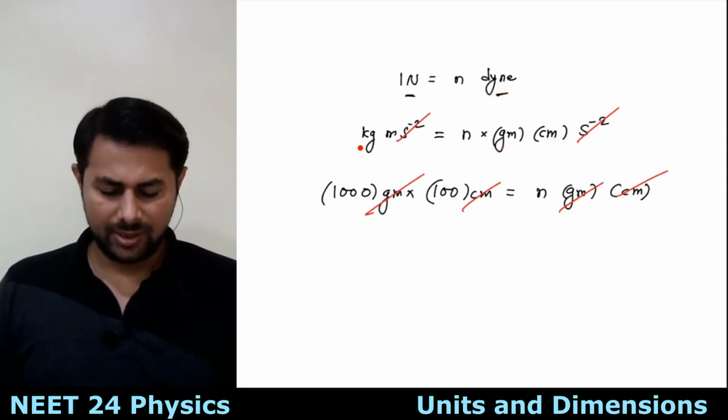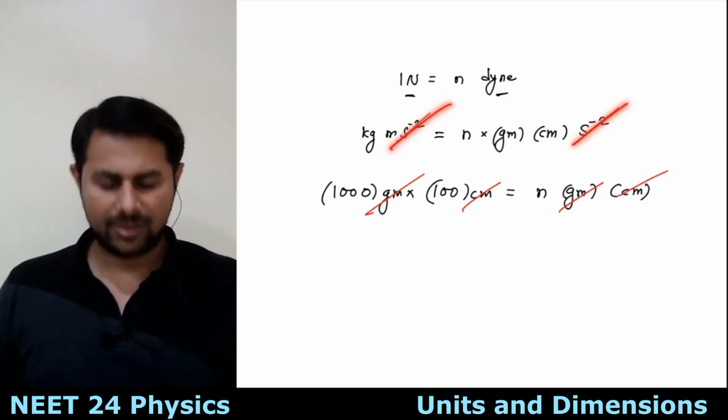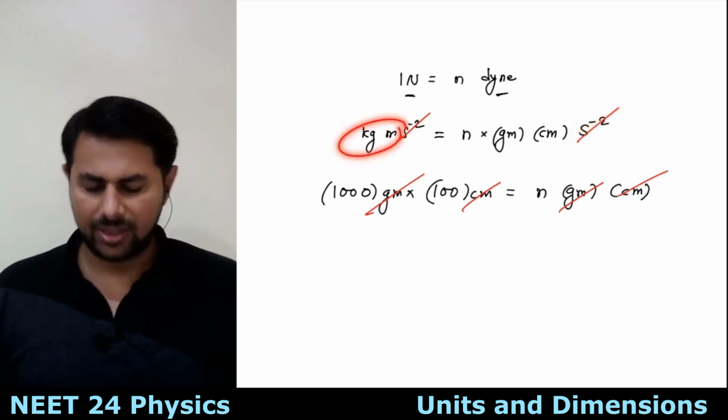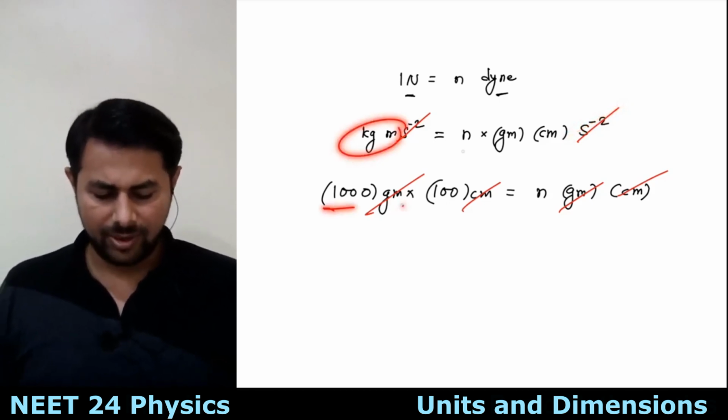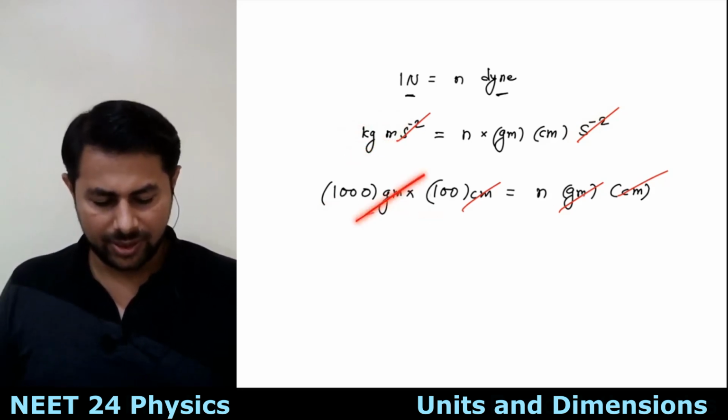Okay? This thing is clear? Right? So the second raised to minus 2 gets cancelled out. Then here itself you write 1 kg is 1000 gram, 1 meter is 100 centimeter, and you cancel out this thing.